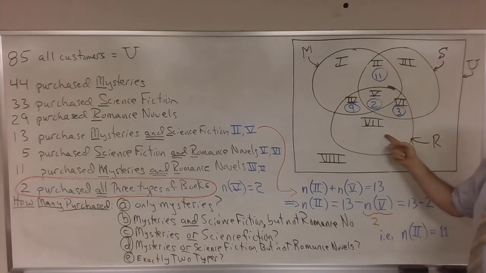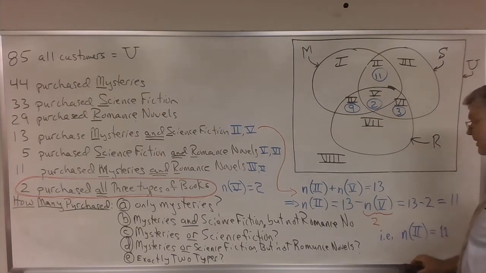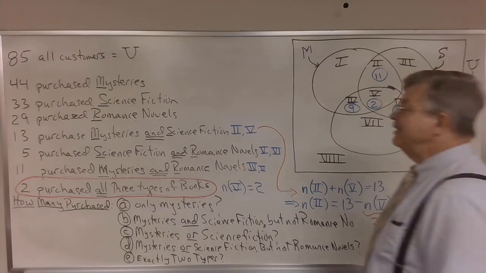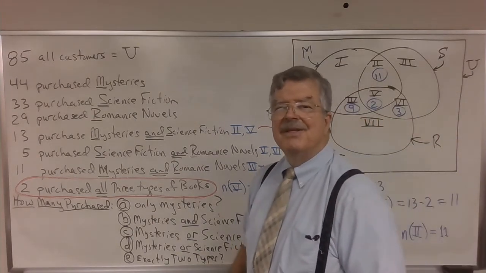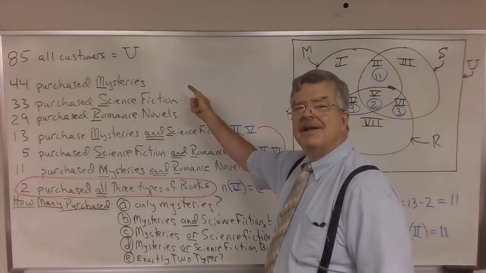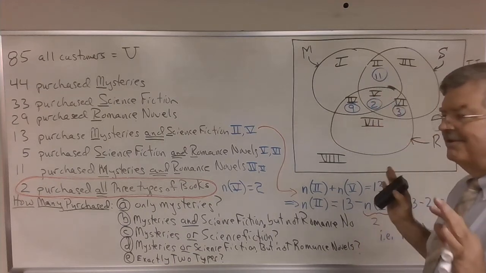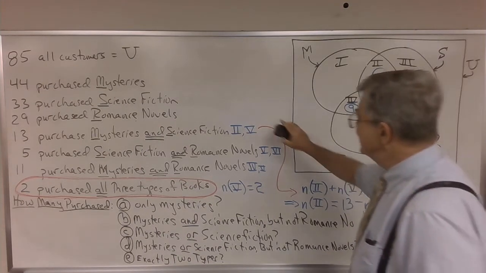And the only region that we don't know is region 7. We know all of these others. Oh my goodness. Well, you know, it doesn't always work this way where we can start here and work our way backward in order. But it just looks like things are falling our way right now.